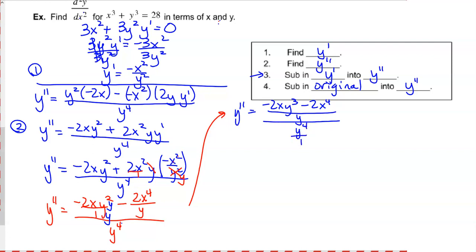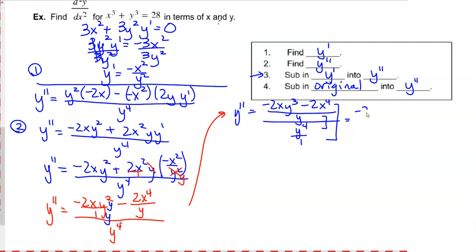So what I have is a complex fraction that I can now simplify a little bit more, okay? Doing the extremes over means, or you can multiply by the reciprocal. So when I do the extremes over means, notice that I do have some common terms up here. When I multiply by 1, I still get back the same thing. Now notice there's a negative in common, there's a 2 in common, and there's an x in common.